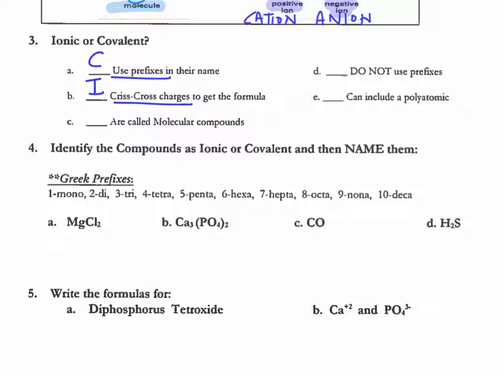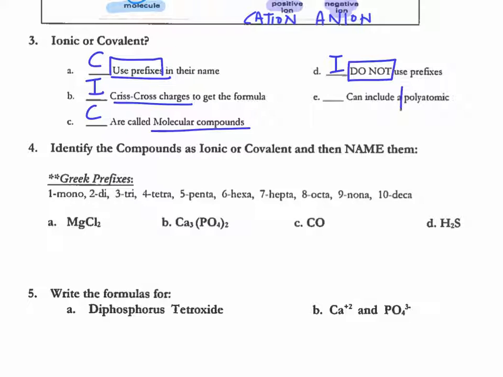So when I cross the positive and the negative charges to form subscripts, that's an ionic formula. Also called a molecular compound, that is covalent. Those types of compounds that do not use prefixes are ionic. Remember, covalent uses prefixes. Ionic does not.